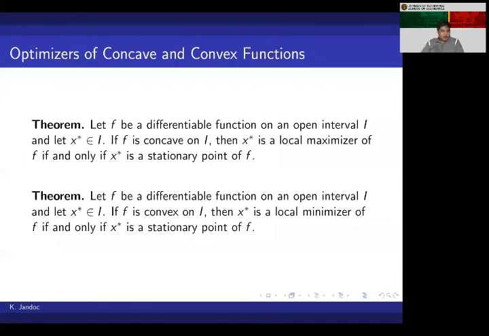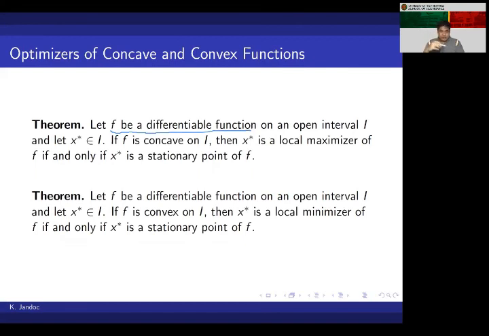So here are two theorems that characterize the optimizers of concave and convex functions. The proofs of the theorems are in the notes. Here, the theorem says that if f is a differentiable function, then it has no kinks.